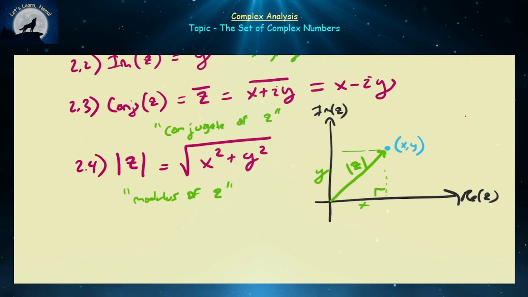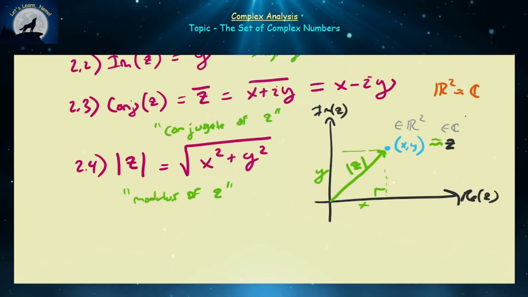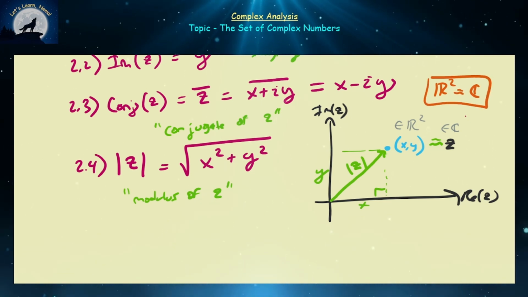So the point xy, which belongs to the set R2, and the object which we denote by z, which again is an object in C, are similar to one another in terms of their structure. Some people will say that R2 and C are also similar in terms of structure from the set theoretic perspective. Some people also throw out words such as these sets are isomorphic to one another, which we won't get into. That's more of an abstract algebra conversation, but they are similar in some sort of ways, right?